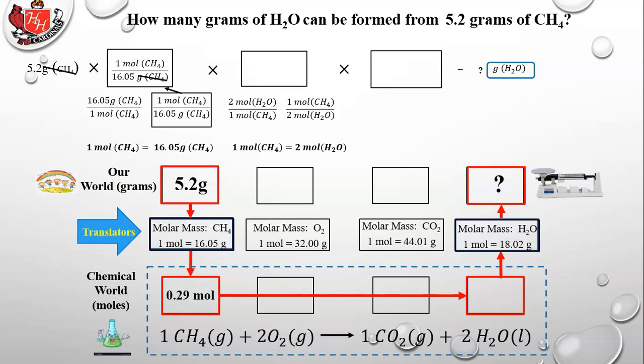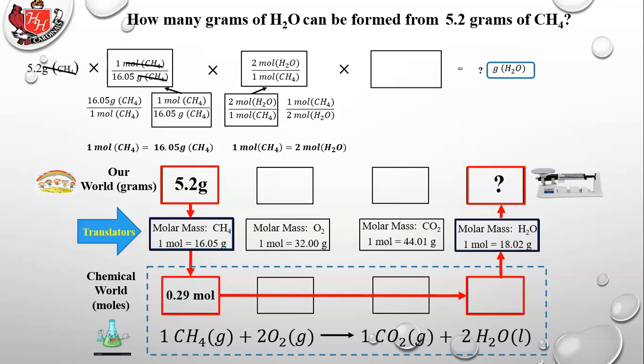Well, you see in your first conversion you have moles of CH4 on the top, and moles of CH4 does not appear in your final answer, so you need that to cancel out. So which of those two conversion factors is going to make moles of CH4 cancel out? Think about it. And it's going to be this one. So if you put it there, you have moles of CH4 on the top.